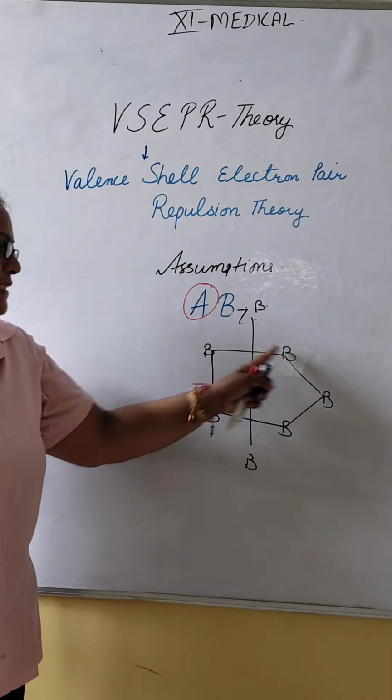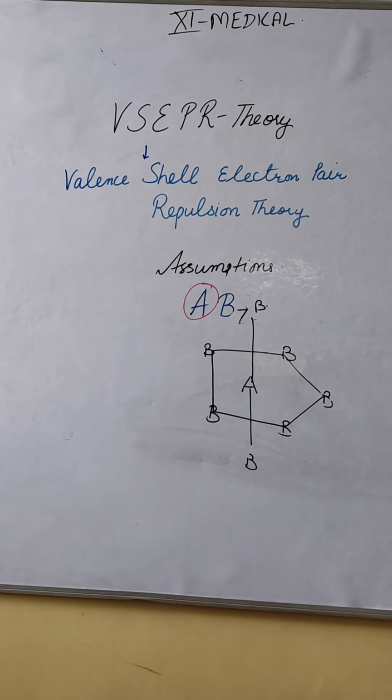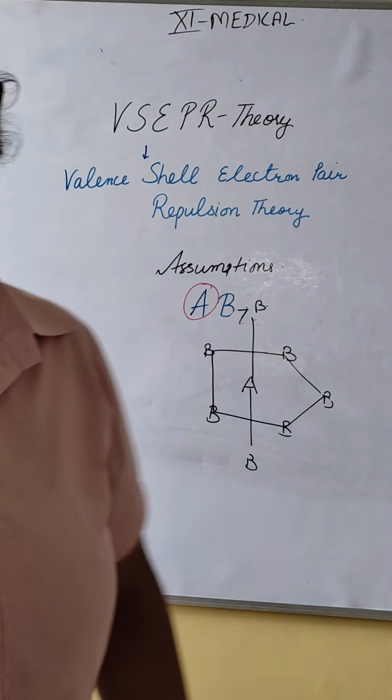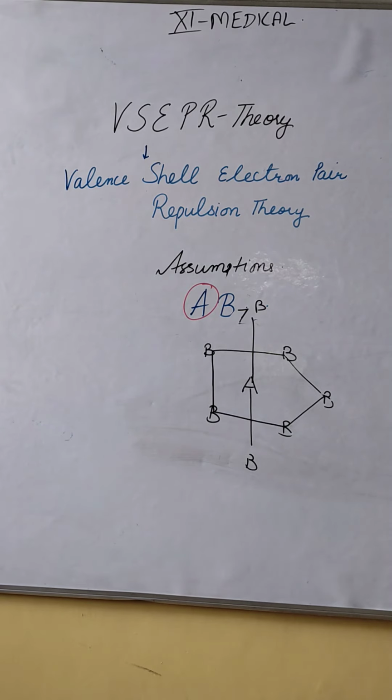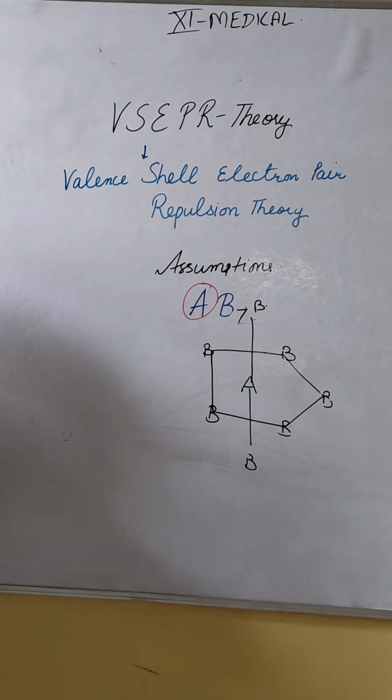It is pentagonal bipyramidal. Okay? Pentagonal bipyramidal. But in all these shapes, I have included only bond pairs. Remember, no lone pair. I have included only bond pairs.